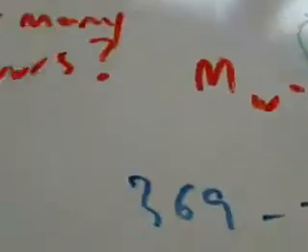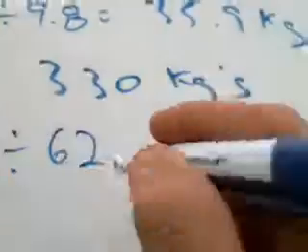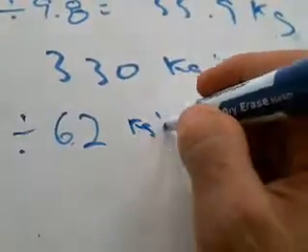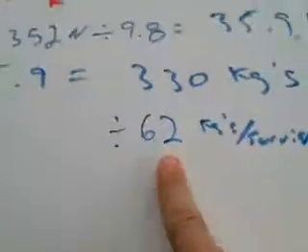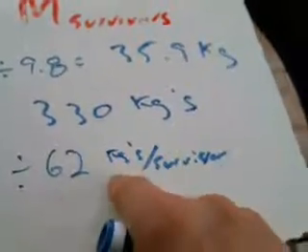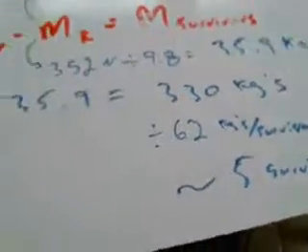So the number of kgs, 330, divided by 62 kgs per survivor, which sounds low to me because I'm 140 pounds, I'm not a very big guy, and I'm around 64 kgs, but anyway, that's the number given in the problem. You're going to say each life raft can hold ish 5 survivors. Okay, so this one did take a while.